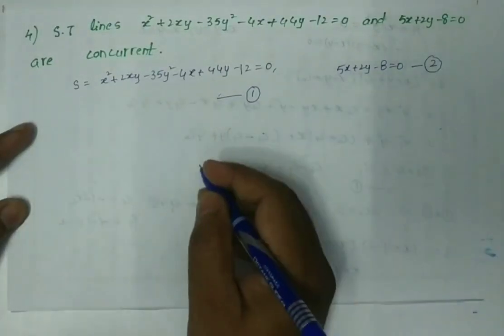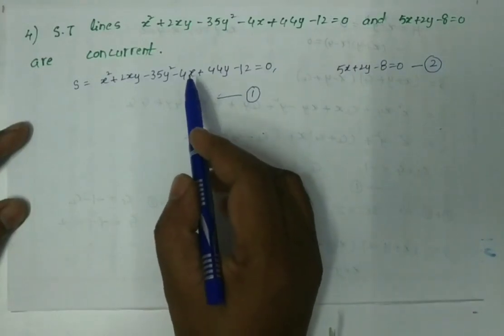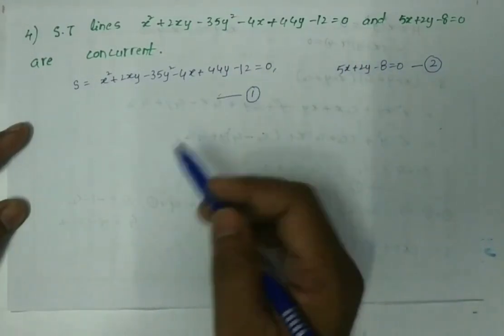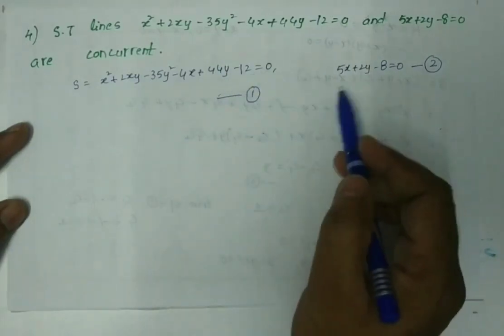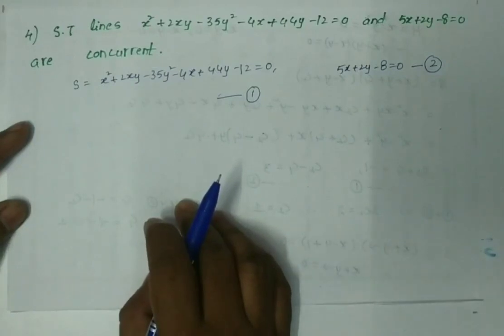Now let us see how to show that these lines form concurrent lines. Already we learned concurrent lines in straight lines.